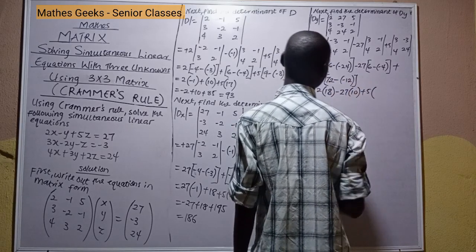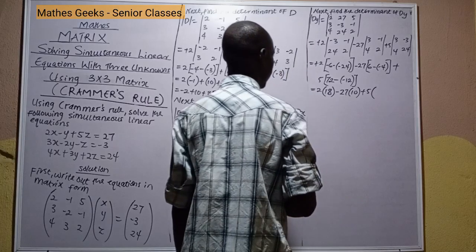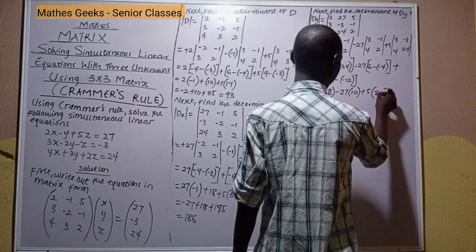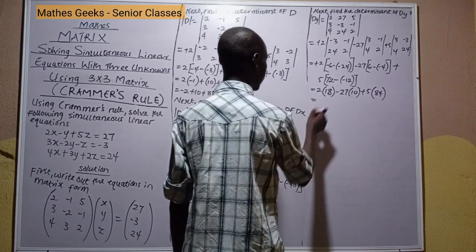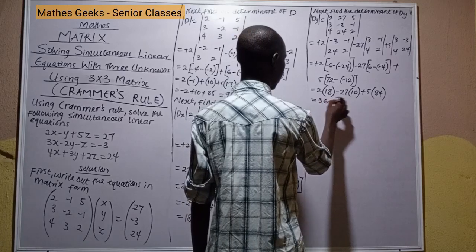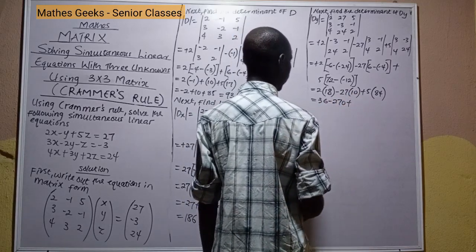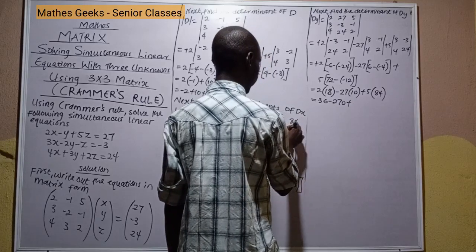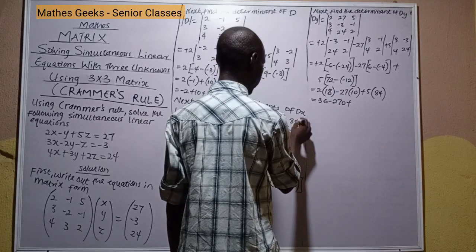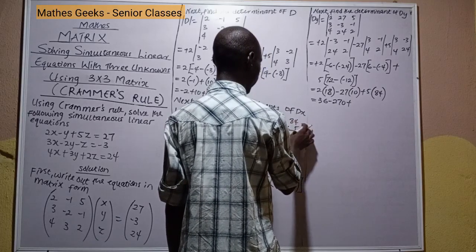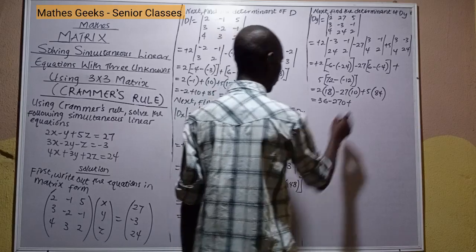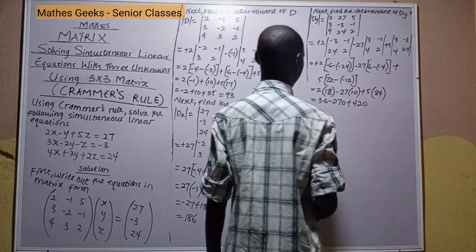Plus minus times minus is plus 72 plus 12 will give us 84. 2 times 18 is 36. 27 times 10 is 270 plus 84 times 5, which is 420.